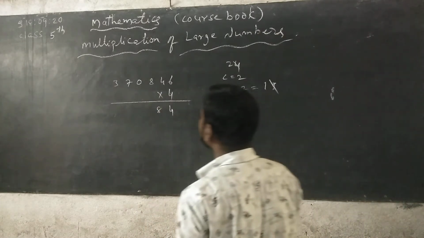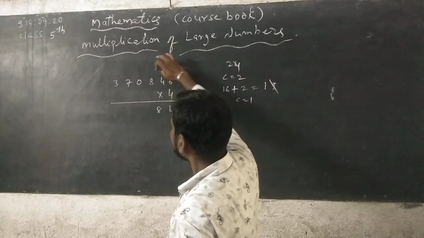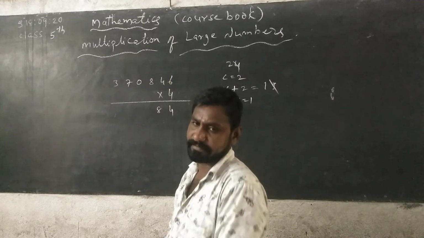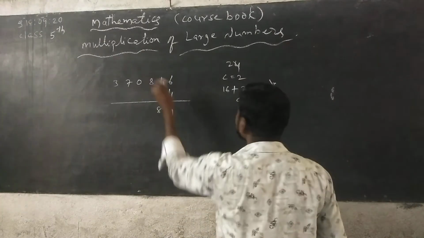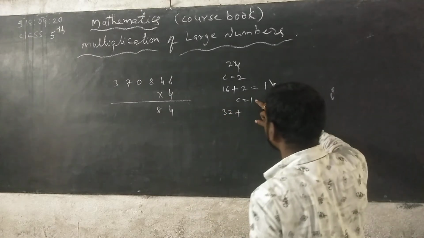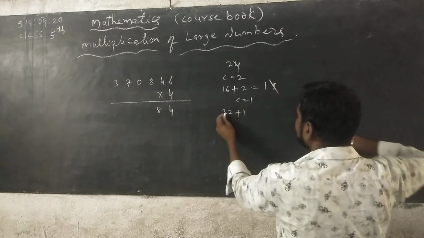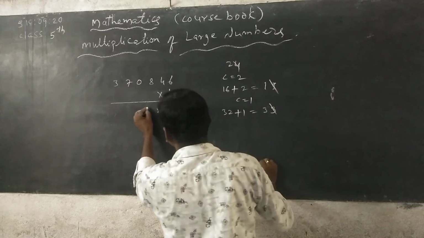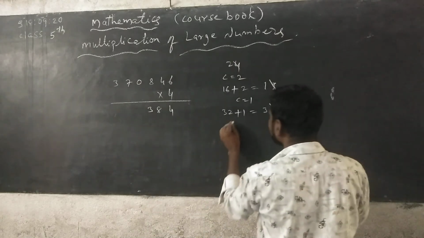Next, multiply the hundreds place digit, that is 8. 4 eights are 32. Carry is there, 1. You add it to 32, 32 plus 1 is 33. So 3 under the hundreds column, carry over 3.